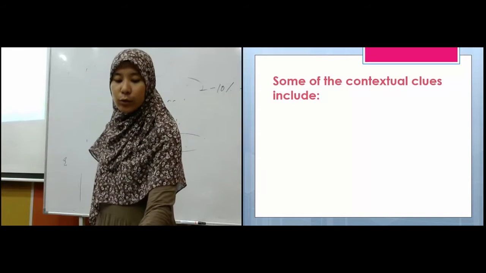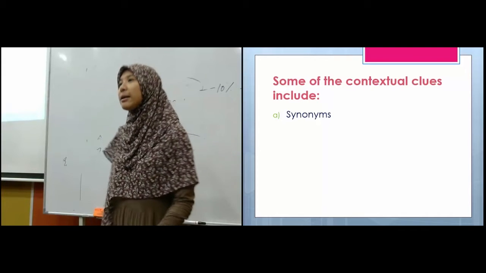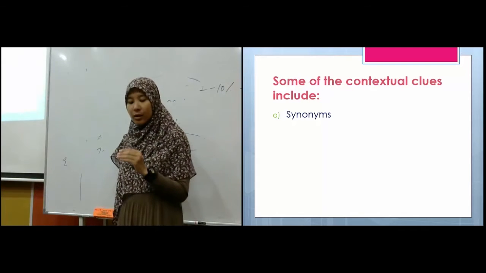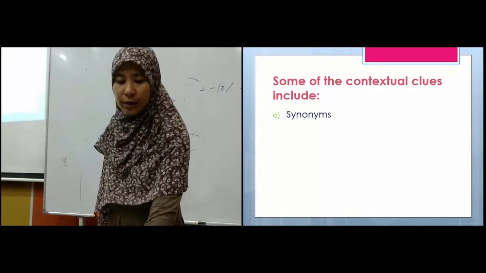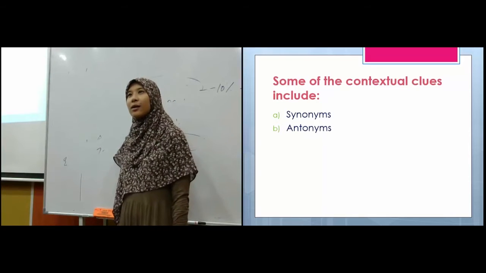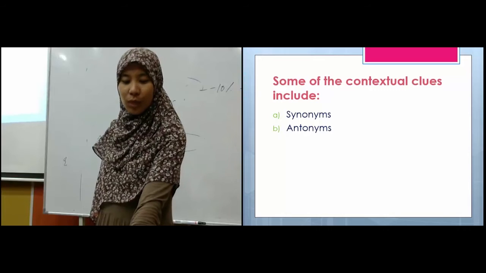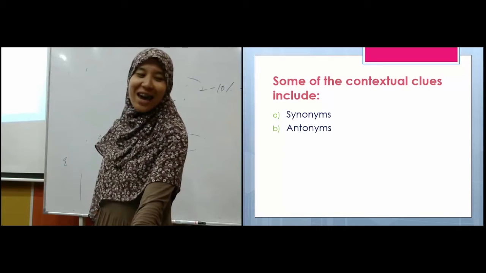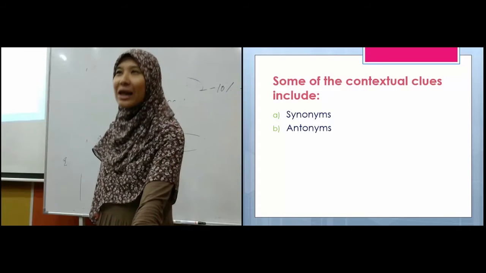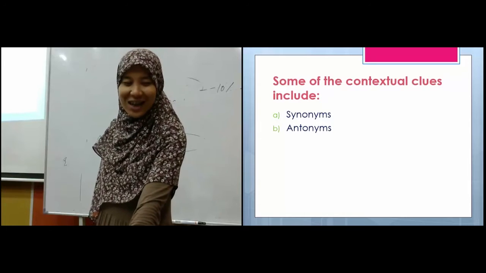It can be synonyms. What is synonyms? Same meaning of the word. Antonyms? Opposite meaning. For example, the synonym of the word fight would be friendly... sorry, the antonym of friendly is the word fight. Okay, quite interesting.